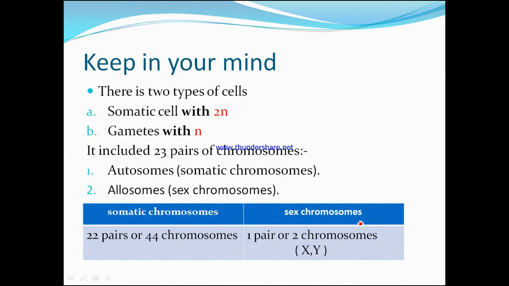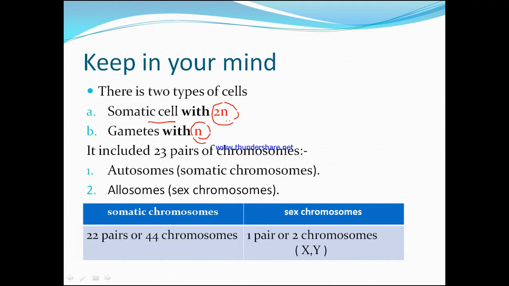Number 1, we have 2 types of cell according to the number of chromosomes they contain. We have the somatic cell that contains 2n chromosomes, and the gamete which contains n chromosomes. The second point is we have 2 types of chromosome: number 1, autosome or somatic chromosome, and number 2, allosome or sex chromosome.